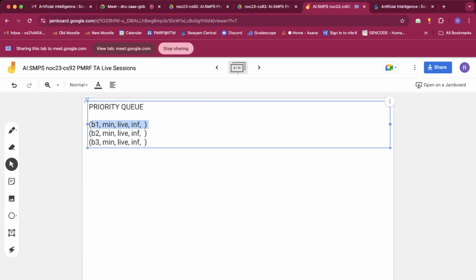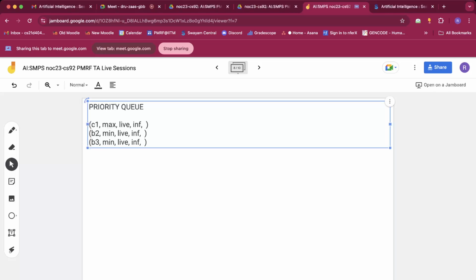So let's pop B1 and replace it with C1, which is a max node, again live and bound infinity and not yet solved, so the solved value is not there. Now we are at C1. So this is what the queue looks like at this point of time.